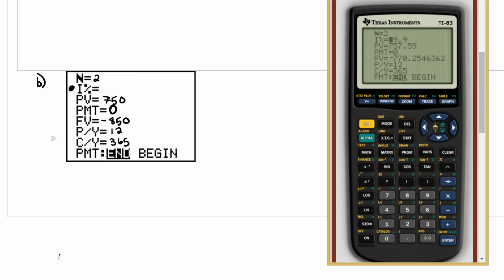We don't know what the interest is. The present value is $750. Payments, we're not going to make any. We're just going to see what happens if it sits there. The future value is going to be negative $850. Payments per year, 12. Compounding periods per year, 365. And we're going to go for 2 months. So let's see what that interest rate is going to be.